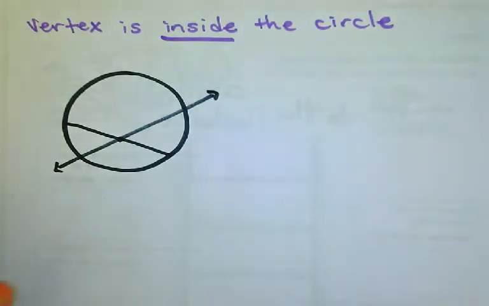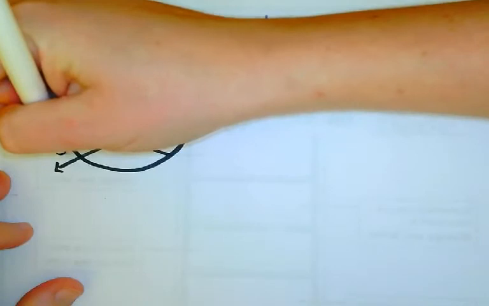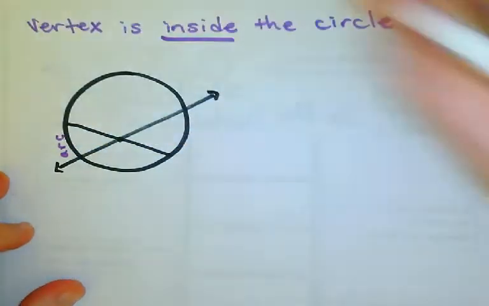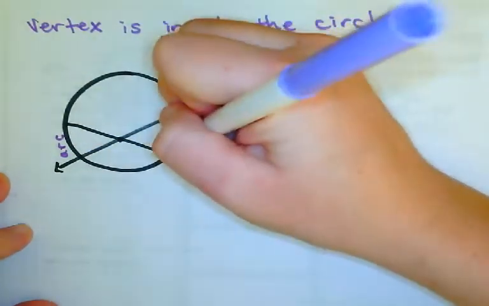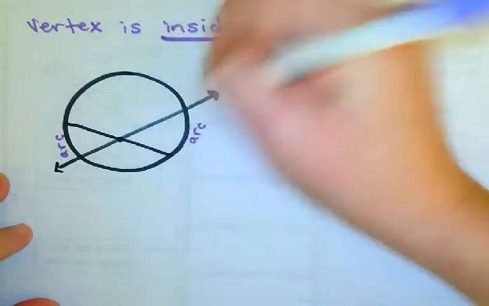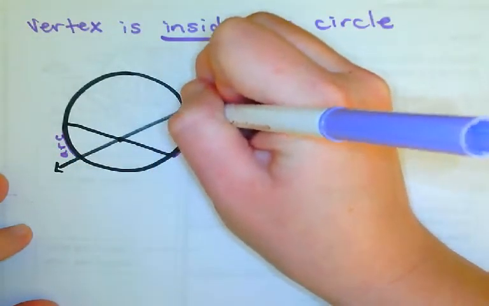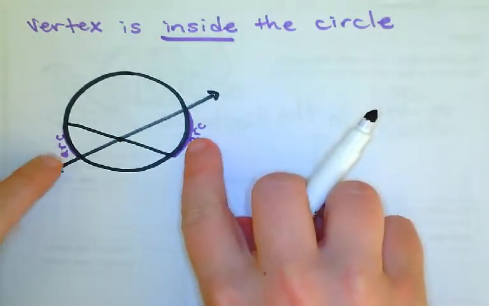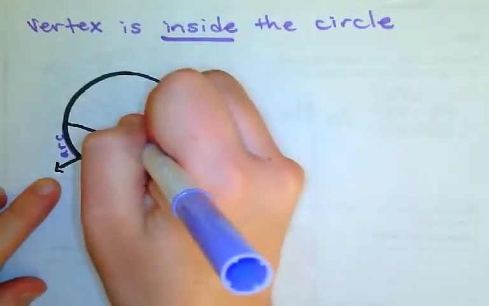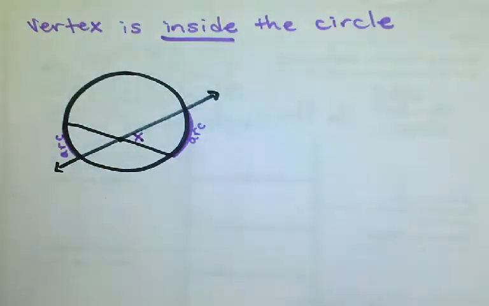Alright, now, the way that we would find our angle or arc relationship here is, depending on what it is you're solving for, let's say I'm looking right here at this arc, and right here at this arc. Arc and arc. These are the intercepting arcs, and this angle right in here is in between.